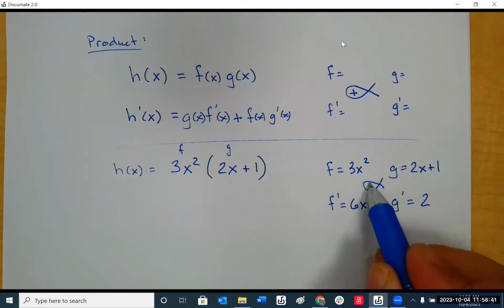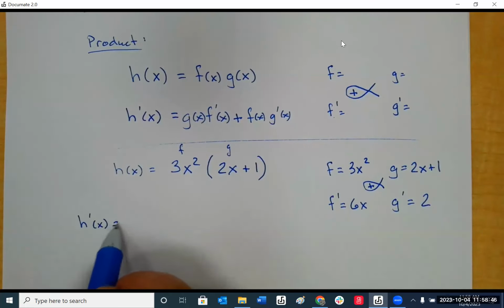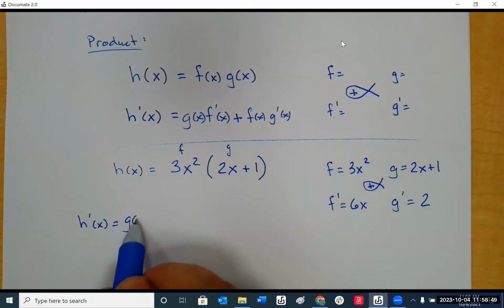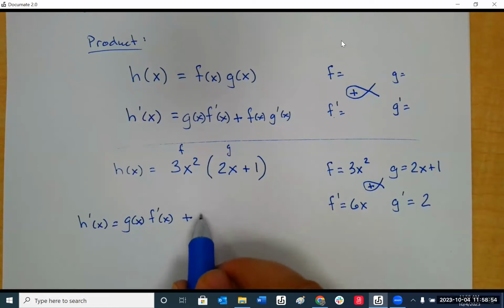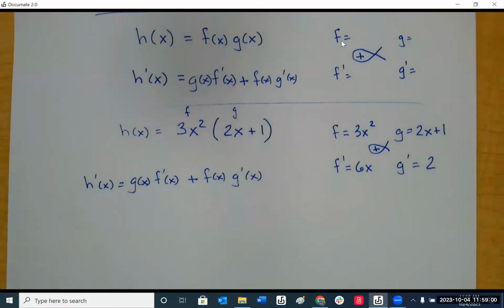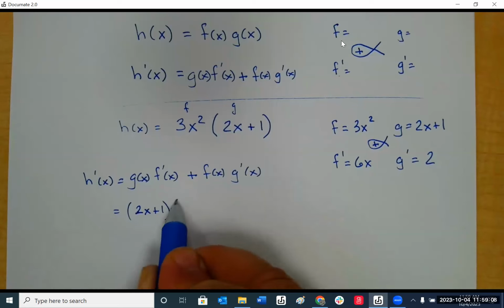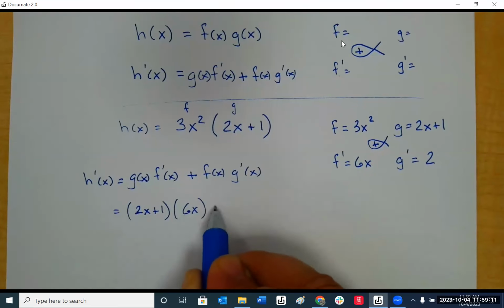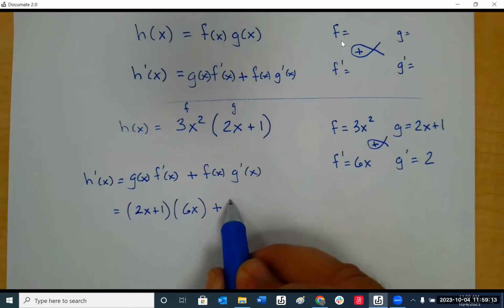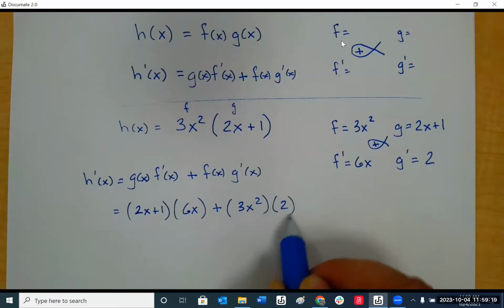So since we're multiplying, we add them. The derivative is going to be g of x times f prime of x plus f of x times g prime of x. So it's 2x plus 1 times 6x, plus 3x squared times 2.